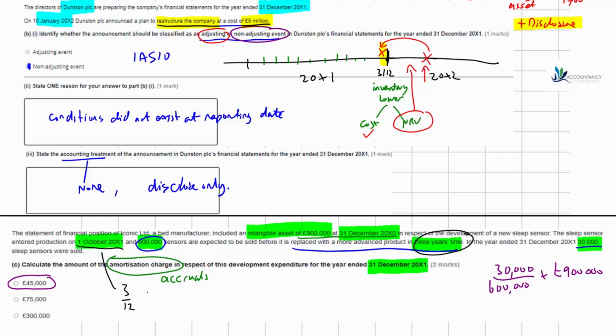So 3 months multiplied by the 1 year out of the 3 that we're going to be using it, multiplied by the 900,000, would give us the 75,000 as a possible answer. And in the real world, either of these would be appropriate. But you can see here from the AAT's sample assessment that they're expecting us to use the production plan so that we have a more accurate amortization rather than some smooth time apportioning.